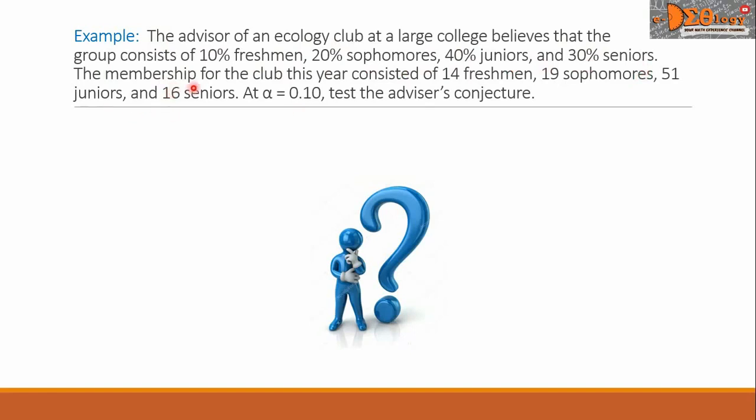The membership for the club this year consisted of 14 freshmen, 19 sophomores, 51 juniors, and 16 seniors. At alpha equals 0.10, test the advisor's conjecture.